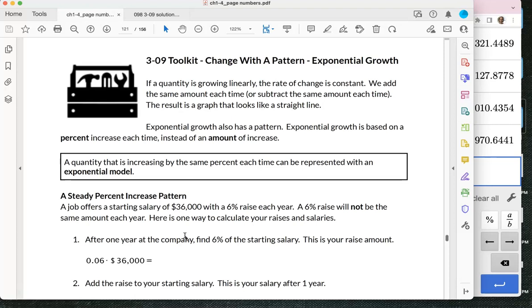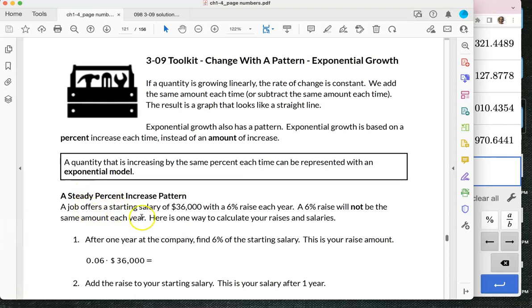The exponential graph that we saw was curved. It's not straight. An exponential growth has a pattern, but it is based on a percent increase every time instead of an amount of increase. So my goal in this section is to have you gain a deeper understanding of what that looks like.